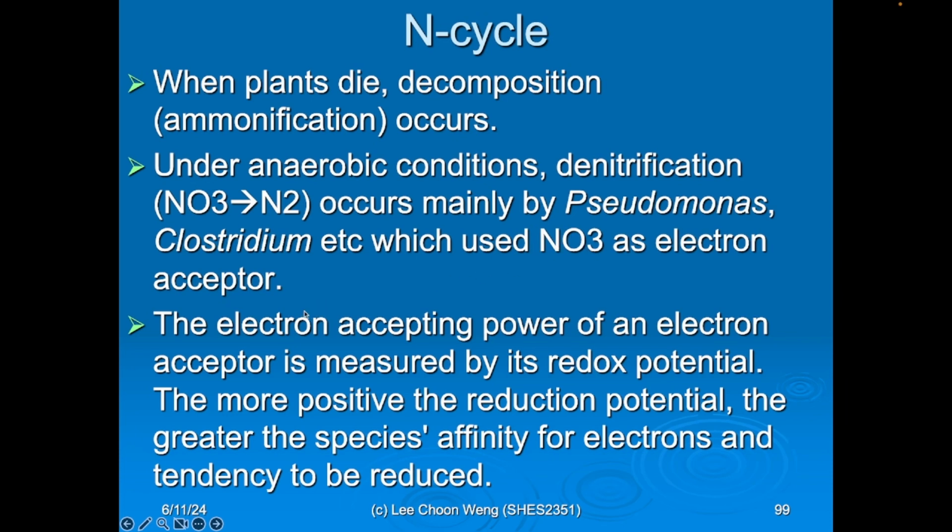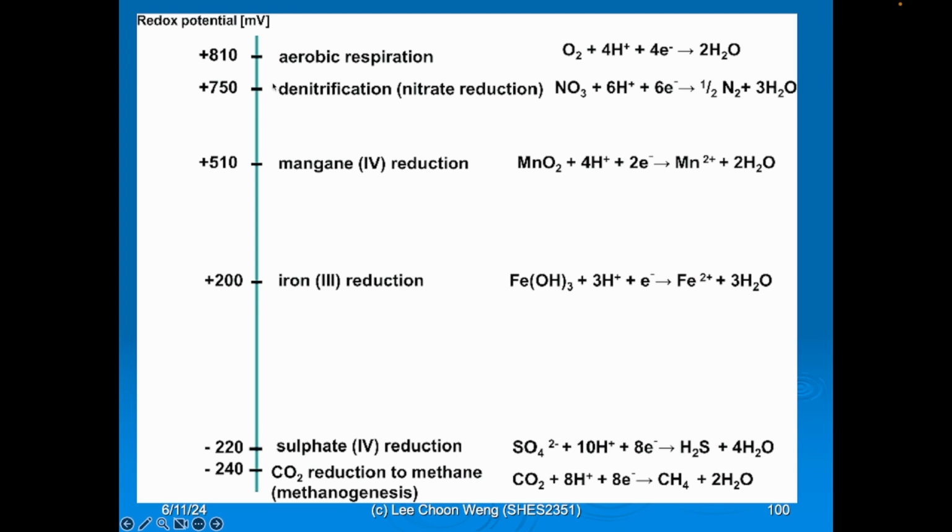The electron accepting power of an element is measured by its redox potential, where the more positive the reduction potential, the greater the species' affinity for electrons and the greater the tendency to be reduced. So here we can look at the redox potential of the common processes that you can observe in the environment.